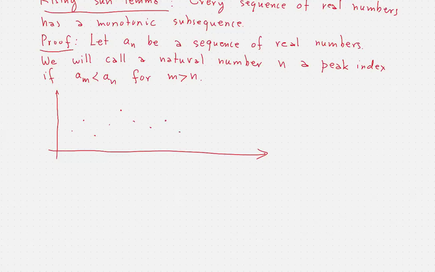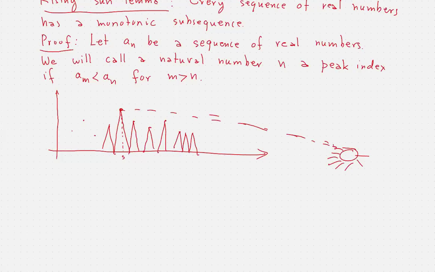If we imagine that we build mountains that have their peaks on the terms, on the points of the graph, and we imagine a rising sun at positive infinity, then the only peaks that are going to have light on them from the sun are exactly the peaks that correspond to peak indices.